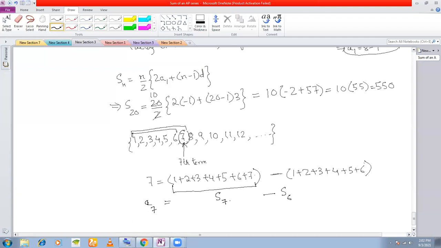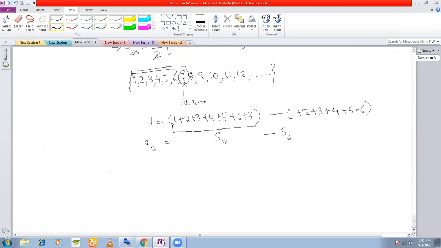So the 7th term, if you know the sum of the first 7 terms and the sum of the first 6 terms, you can find out the 7th term by subtracting them. That means from here we get a new relation, which you should remember, that the nth term, an, is the sum of the first n terms minus the sum of the first n minus 1 terms.